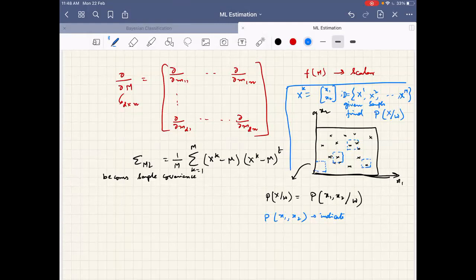So now tell me, what does P of x1 comma x2 indicate verbally? I need some answer. Sir, it is the PDF at that given x1, x2. Right, PDF of what?